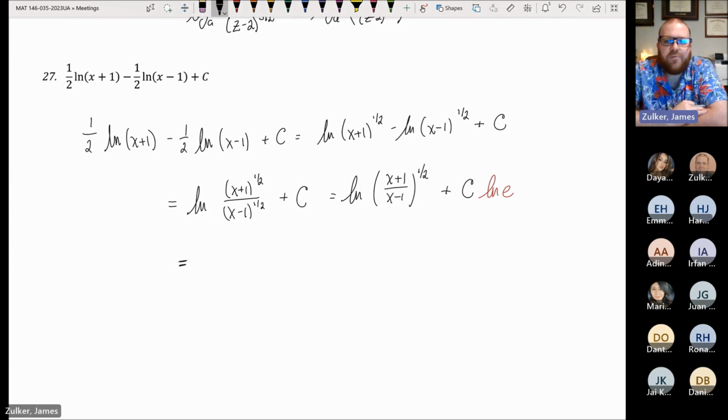Isn't natural log of e equal to 1? So I can multiply by it without changing the value, right? Because anything times 1 is just itself. So multiplying by 1 doesn't change the value.